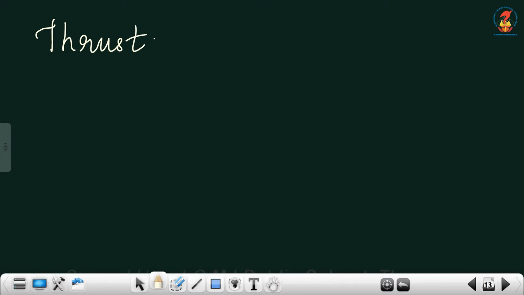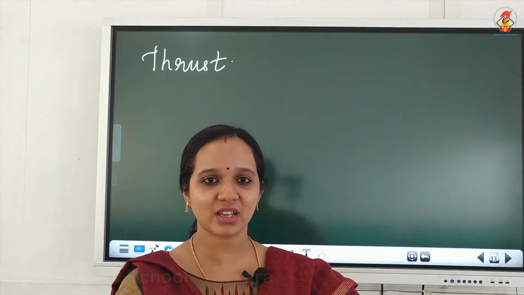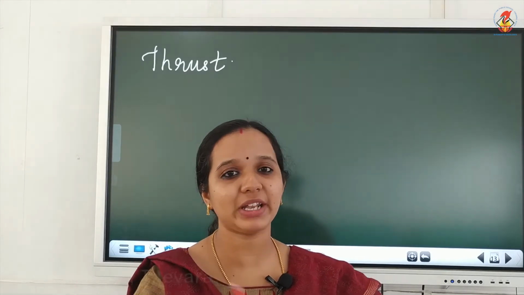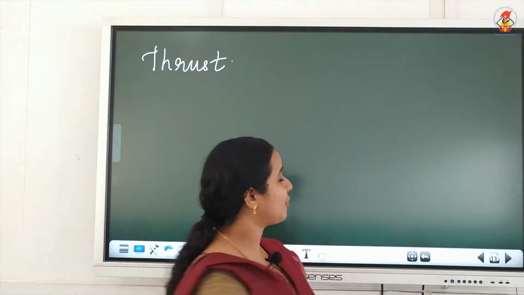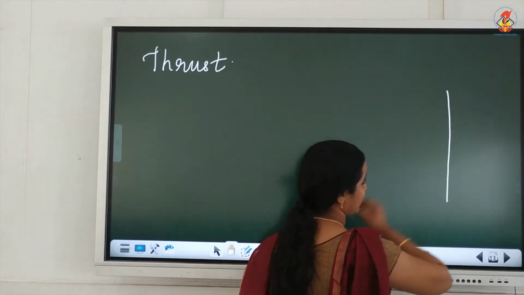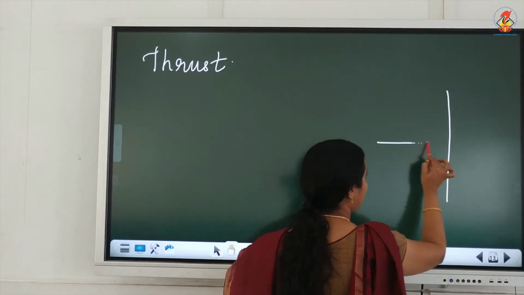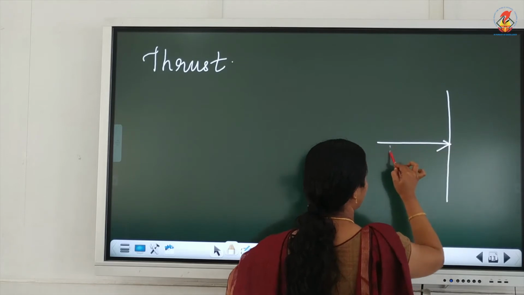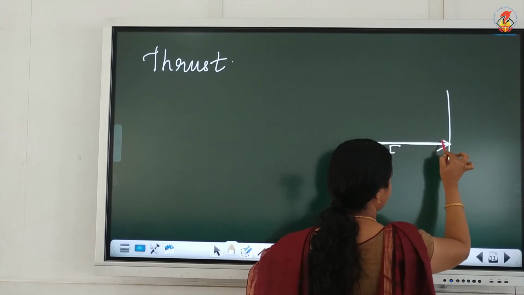Thrust is nothing but the force itself. Thrust is force. The peculiarity is that thrust is a perpendicular force. That is, if we have a surface and we are applying a perpendicular force onto the surface, this is the force vector.